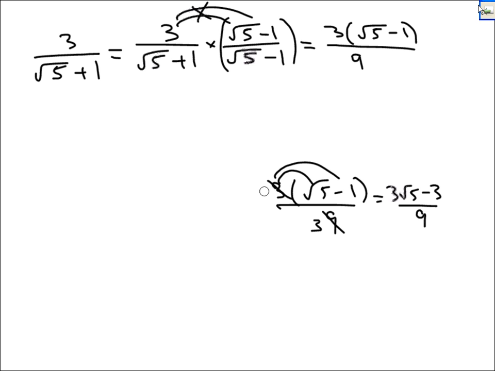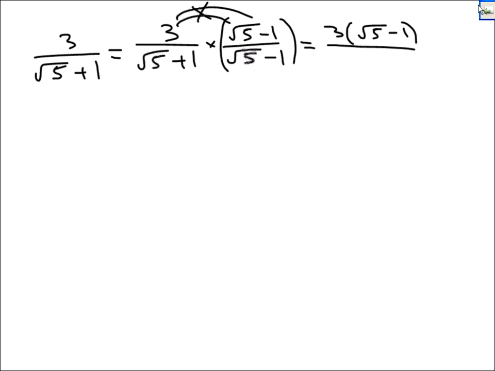So that's why you don't distribute. Now, what is the bottom? Since we're multiplying conjugates, it's this squared, which is 5, minus this squared, which is 1, and that's 4. It's 3 times the square root of 5 minus 1 over 4. That's the final answer.